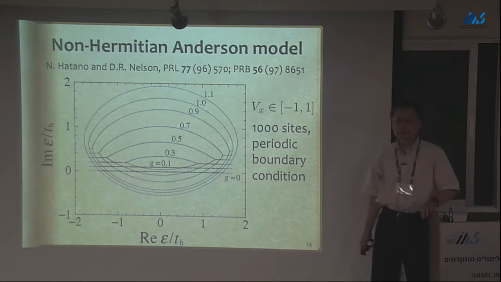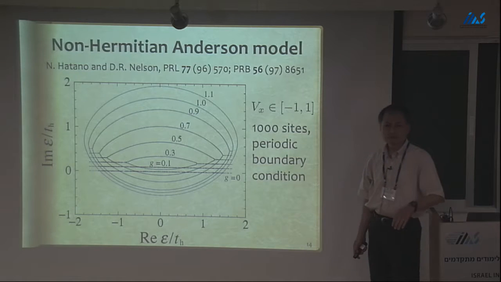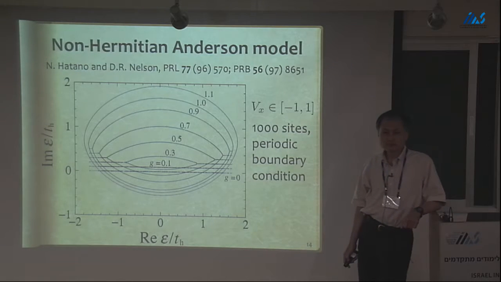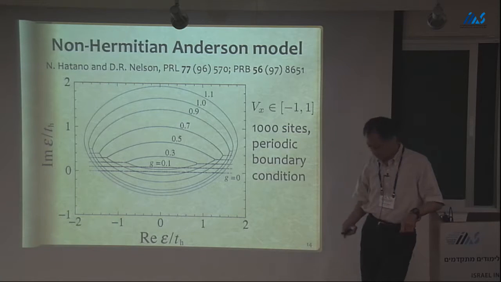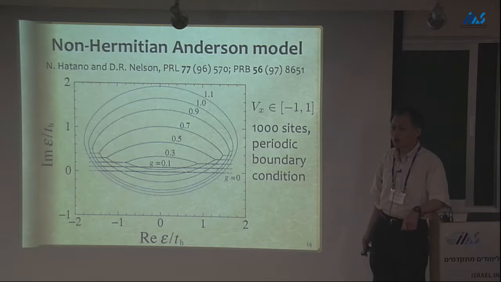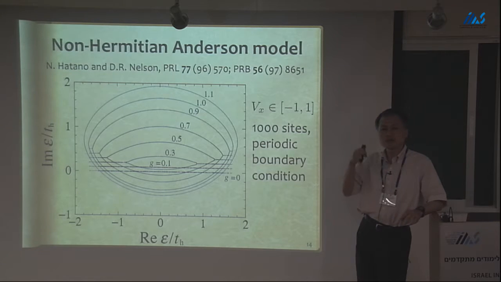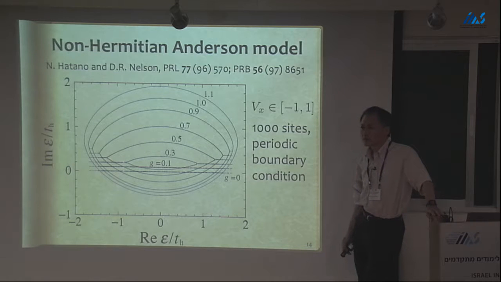They are on a line. One would expect that they will fill the whole plane somehow, but they are almost on a line. In 1D you can show it; in 2D and 3D, it's different. That means that you have a critical value of g at which the imaginary part appears, or they always exist at any finite g but are extremely small and invisible. I'm going to tell you about that.